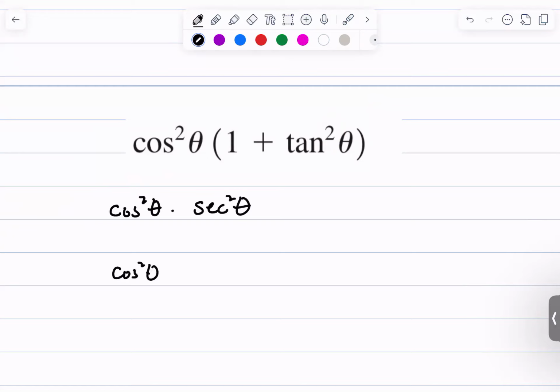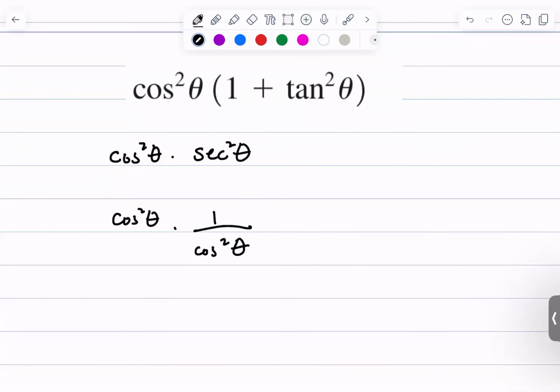So you can go through the steps of making everything in terms of cosine and sine. So this would be cosine squared over cosine squared, which is 1. Okay.